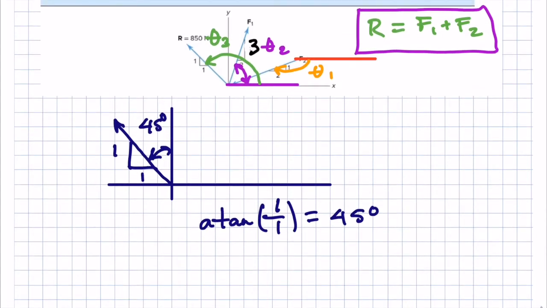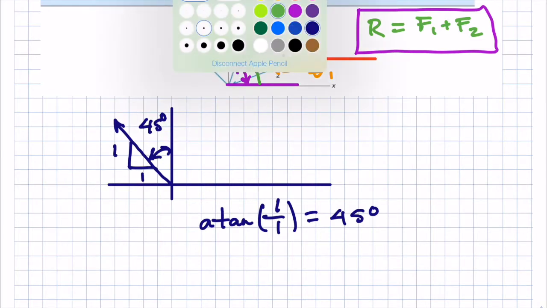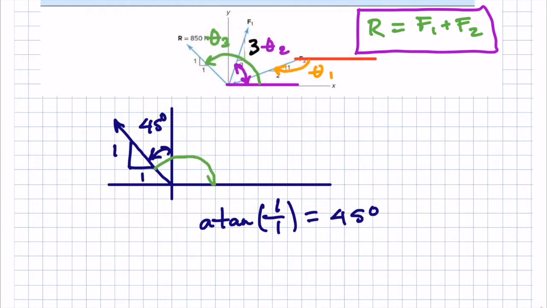But you notice that's not theta 3. Theta 3 goes all the way from here to here. So you probably talked about in your calculus class that you have to pay attention to the quadrant of the angle. So this is 45, so I see that I have to add another 90 to get theta 3.